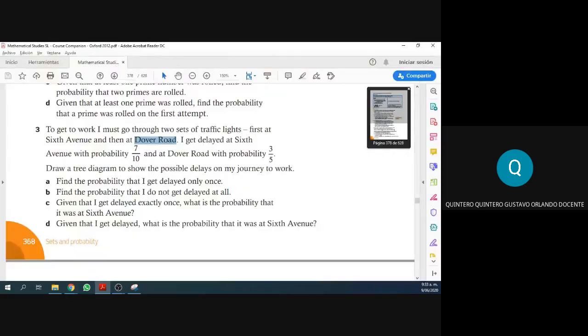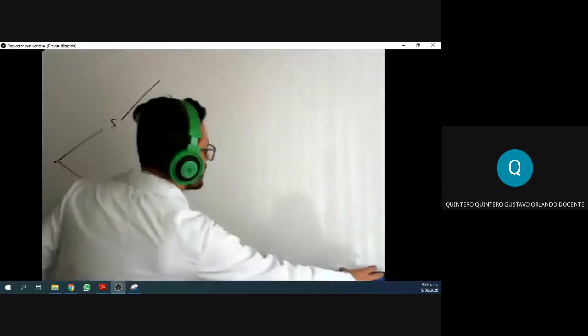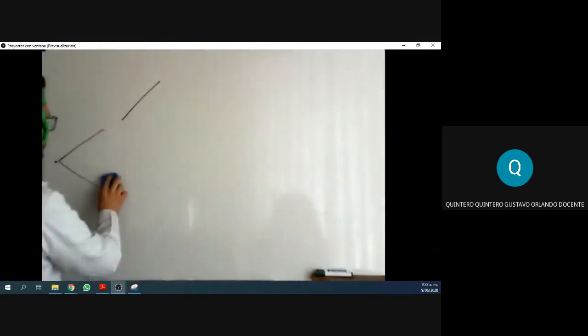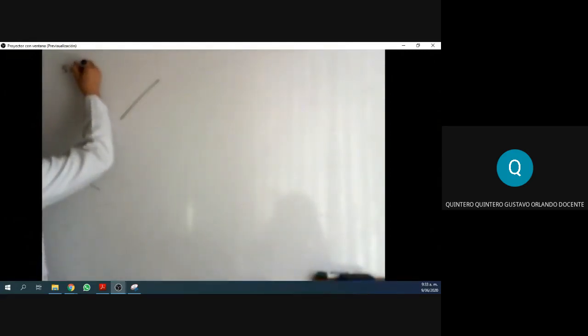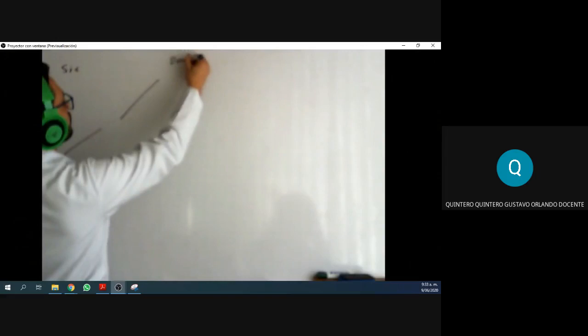Sorry. So this is not the tree diagram I'm looking for. First at 6th Avenue and then at Dover Road.